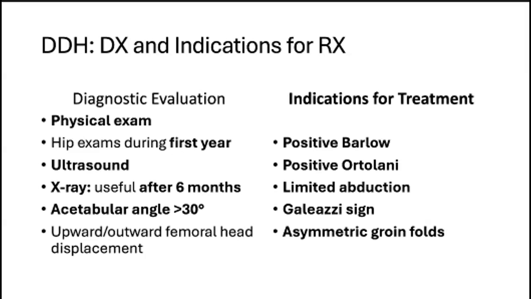We can also do imaging studies like ultrasounds, x-rays, but the absolute indicators for treatment is a positive Barlow sign, a positive Ortolani sign, limitation of abduction, apparent shortening of the femur, Galeazzi sign, and asymmetric skin folds at groin.